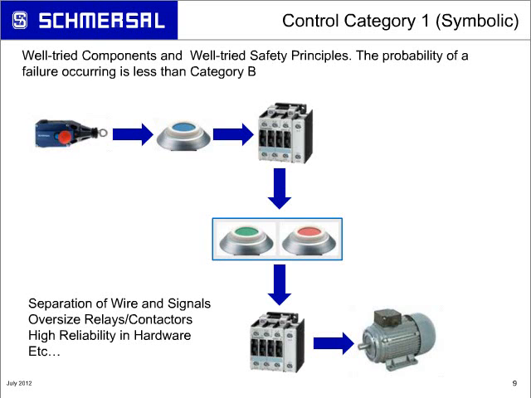Failures that occur in the safety circuit could be welded contacts, a switch failing, a shorted wire. So what are some of the principles that you can do? One of those is separation of wiring. You have a switch out on your door or your e-stop out on a remote station or a rope pull, as you see pictured there, out on the machine.